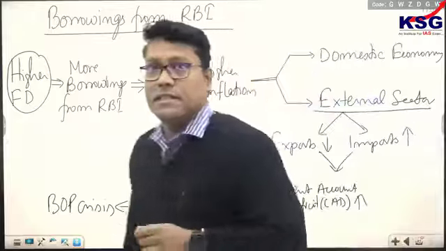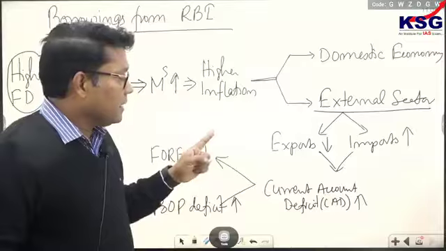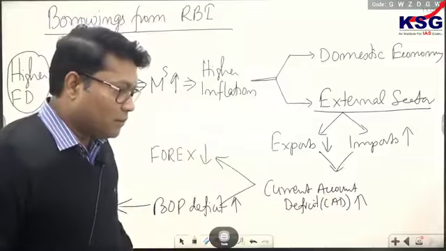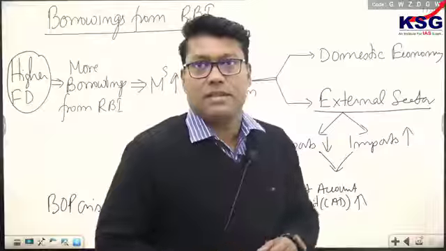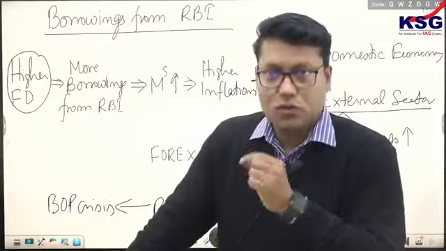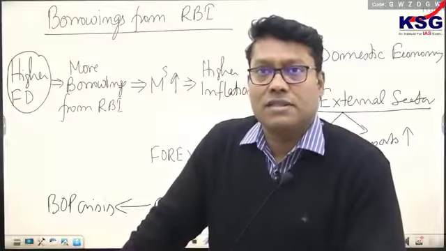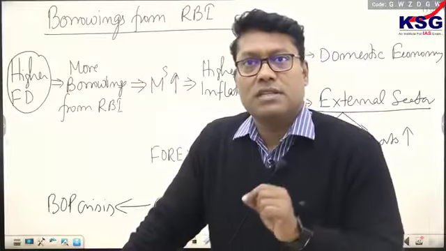So I was discussing this flow chart, and just see this flow chart. Then what is the impact? Till yesterday we have seen the overall deficit, I'm just reviewing these things. The overall deficit of government is the fiscal deficit.